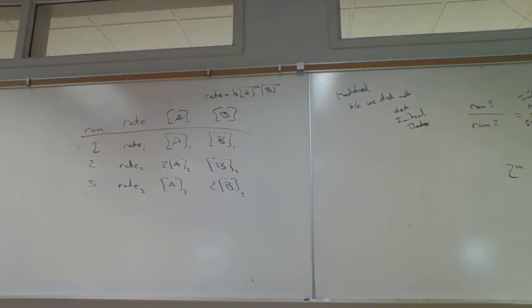And so what we're going to get is this. We're going to get 2 to the nth is equal to K prime 1 over K prime 2. The K prime 1 and K prime 2, we're going to get these from the plot.